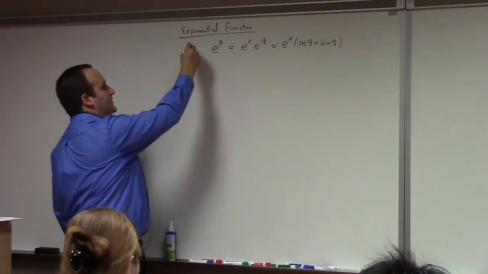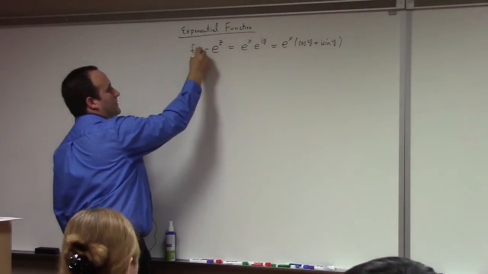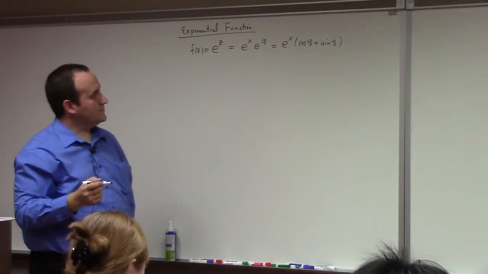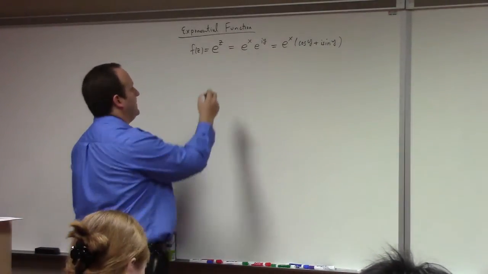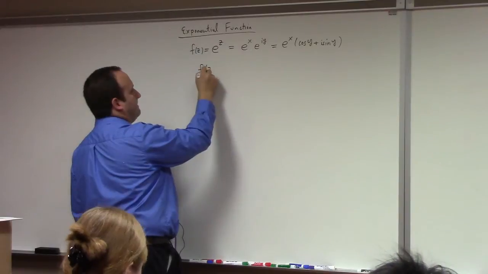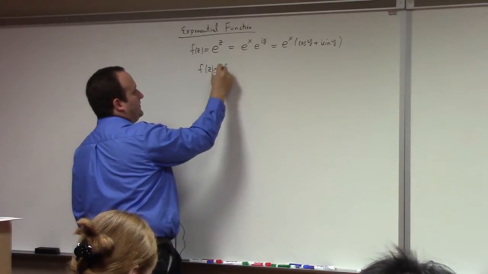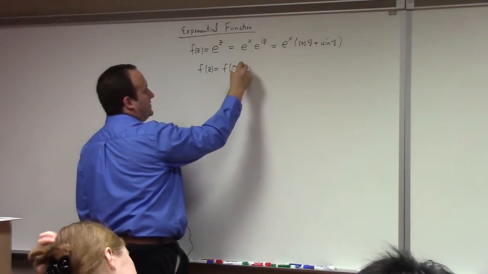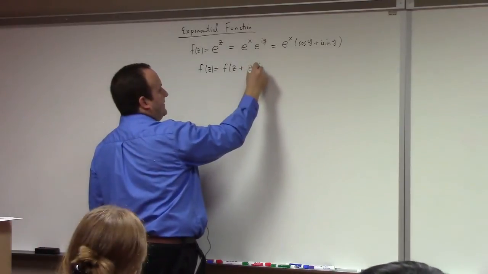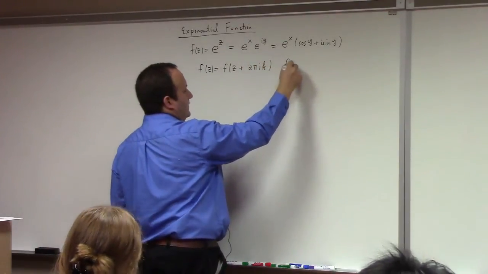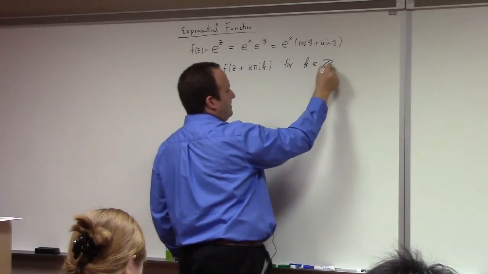So if I look at this function, what can we say? f of z is equal to f of z plus 2 pi i k for any k in the integers, right?